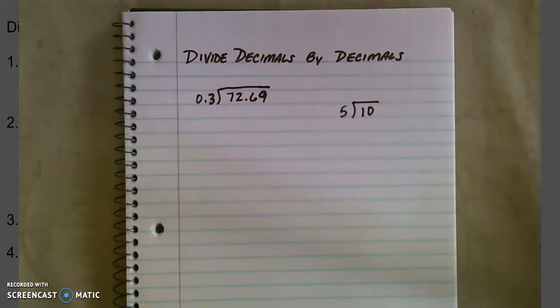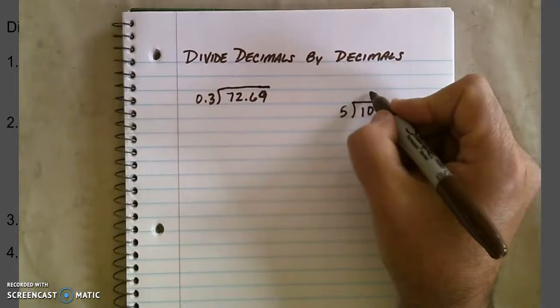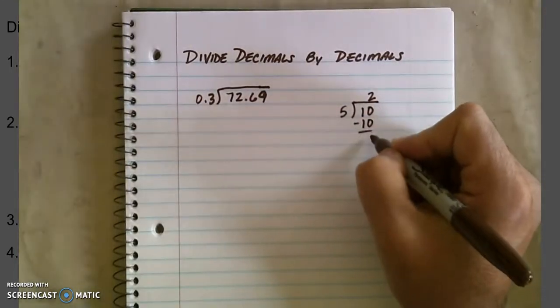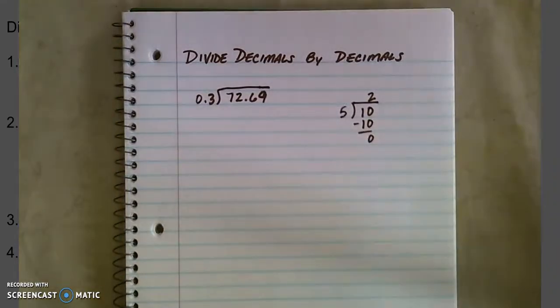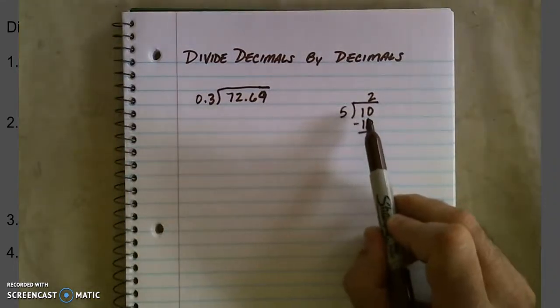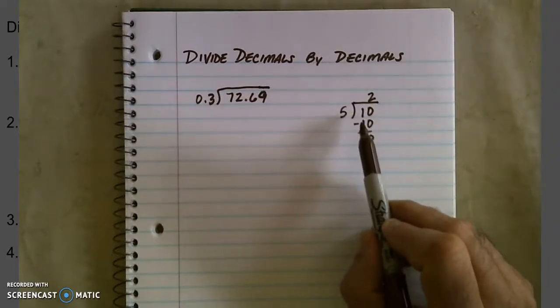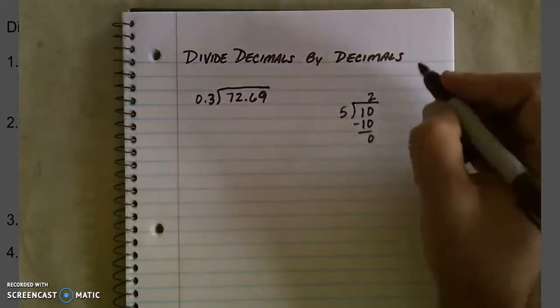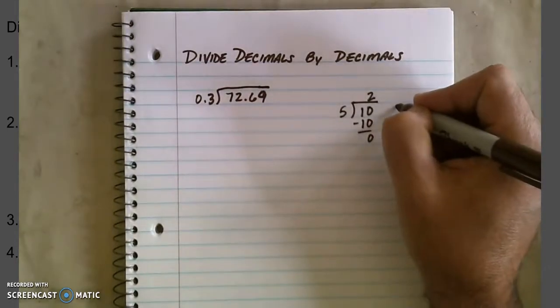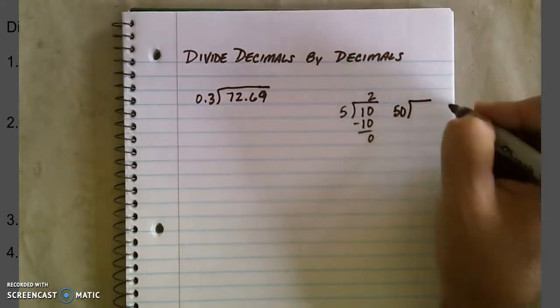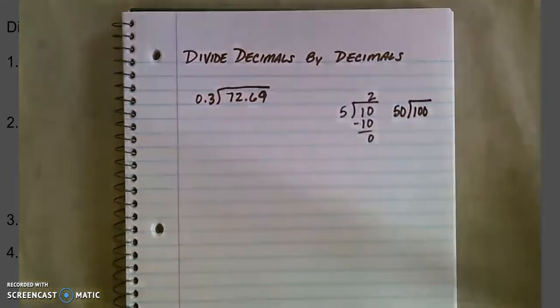So let's say that I had the problem 10 divided by 5. Okay? You know that the answer to 10 divided by 5 is 2, right? Because 5 times 2 is 10. What happens here if I multiply both the dividend and the divisor by 10? Well, 5 times 10 is 50, and 10 times 10 is 100.